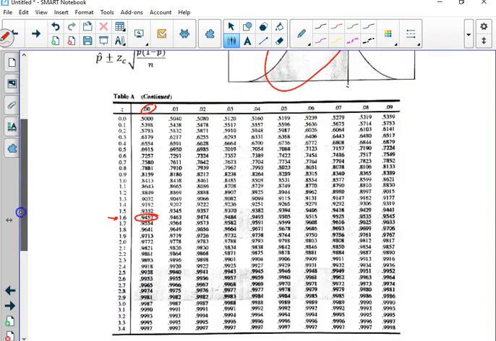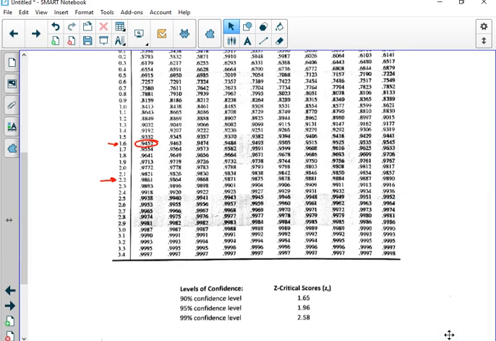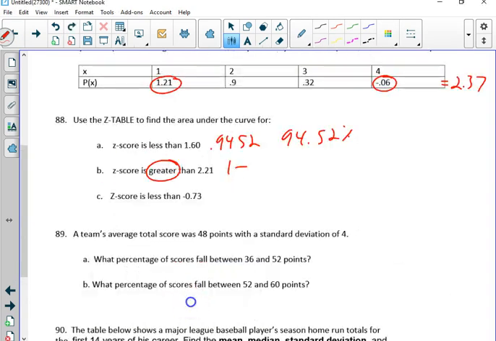Here's 2.2, and 2.21 is right here, 0.9864. So we subtract out 0.9864, which leaves us with 0.0136, or 1.36%. So not much of a chance.